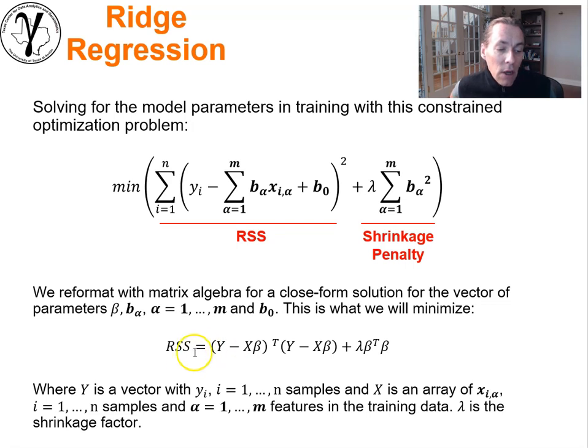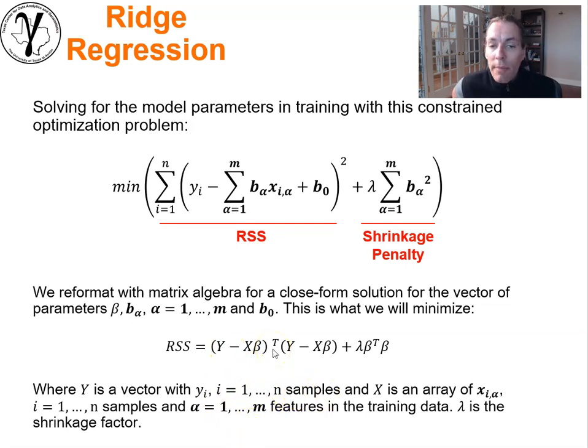Our RSS, residual sum of squares, can be expressed. Basically, we're just taking this right here and expressing it in matrix notation. This is not too hard at all. What we recognize immediately is that y is simply a vector with all of the response feature values over data samples i equals 1 through n.